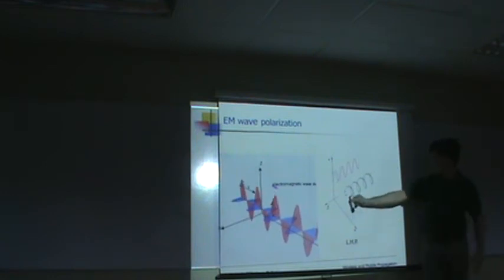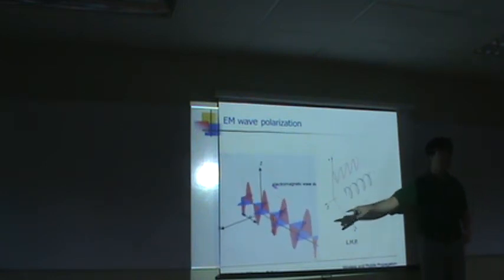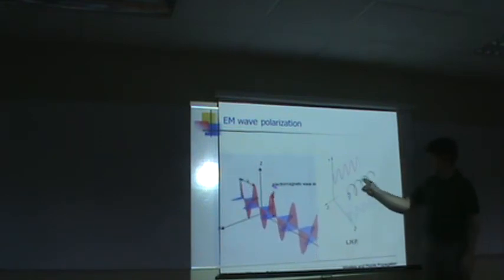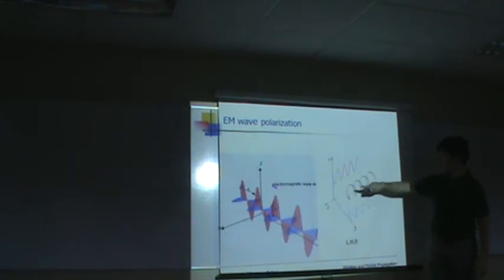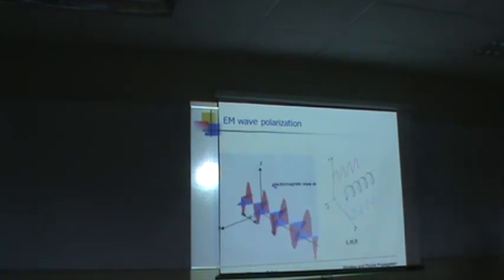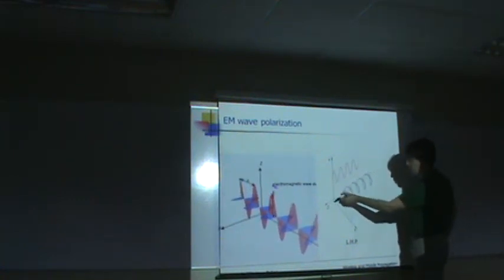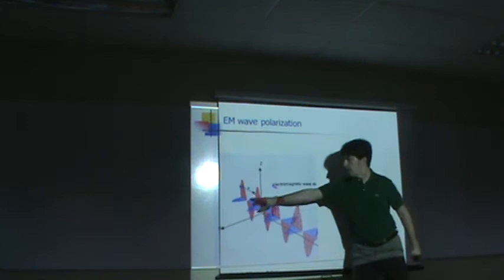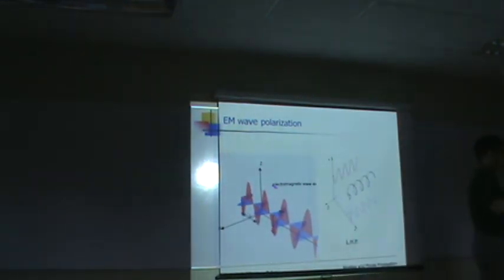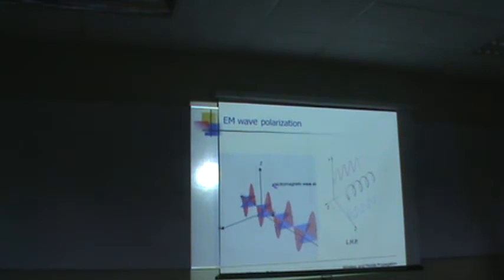The magnetic field is always perpendicular to the electric field and will be rotating at the same speed. If you try to draw the magnetic field on this picture as well, you end up with a big mess with spirals one into another. So you have to imagine the magnetic field as a vector that rotates, staying perpendicular in space to the electric field. Okay?